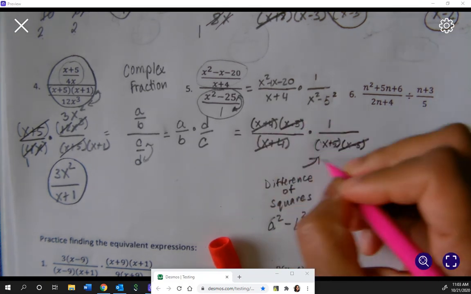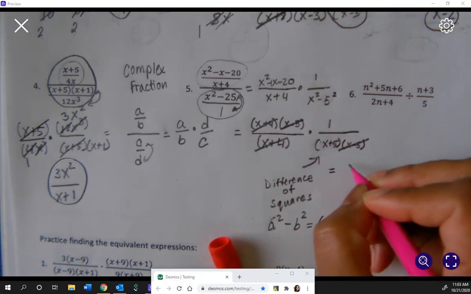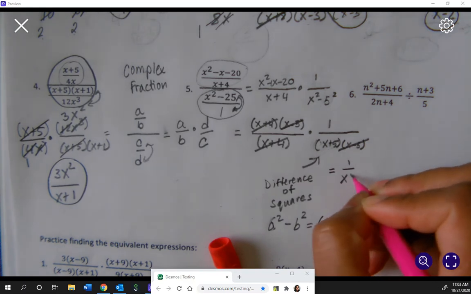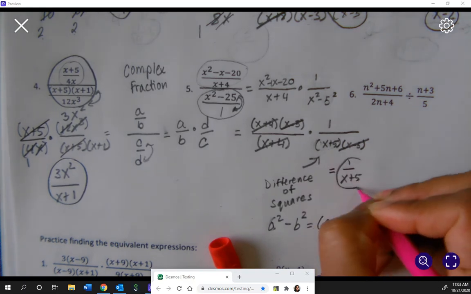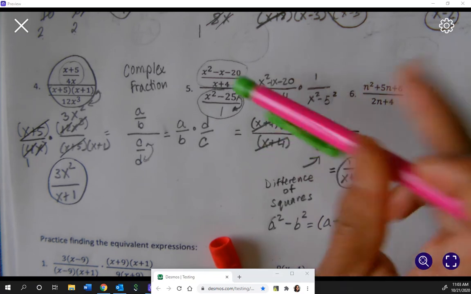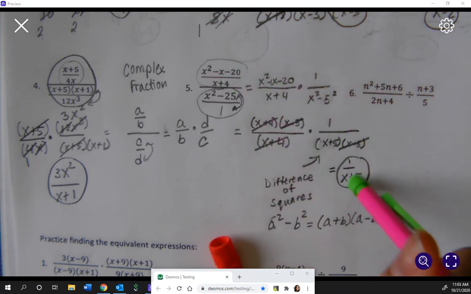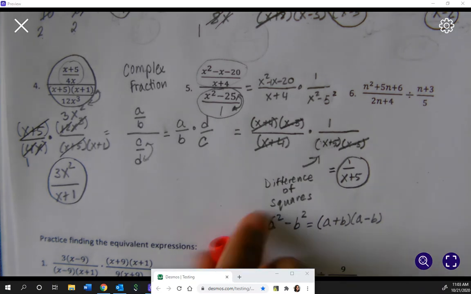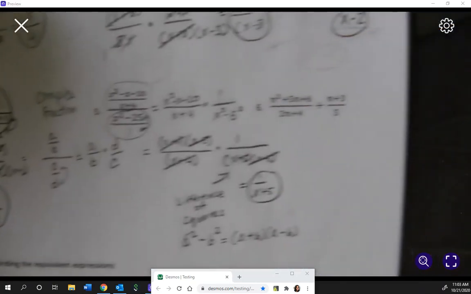So all of this equals 1 over x plus 5. Okay, so you can also check these two to see if they equal each other in Desmos. You can try it, but I'm gonna go ahead and move on.